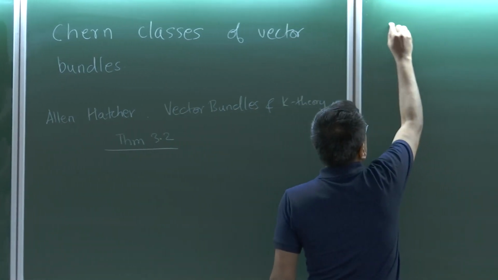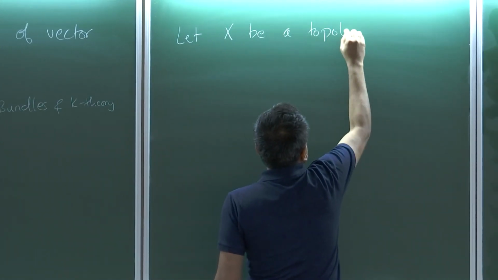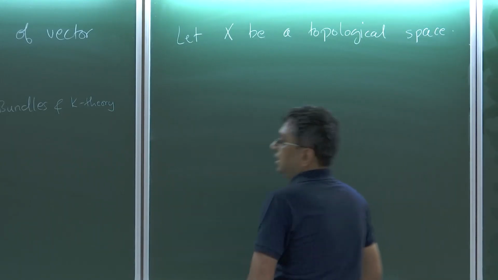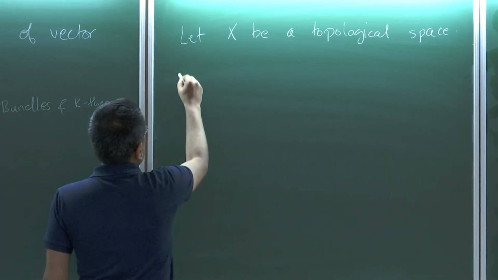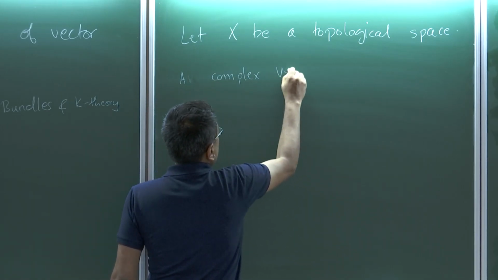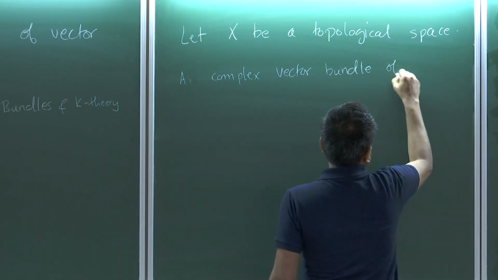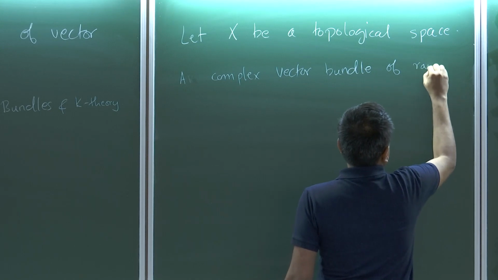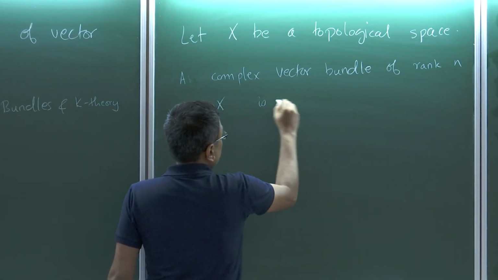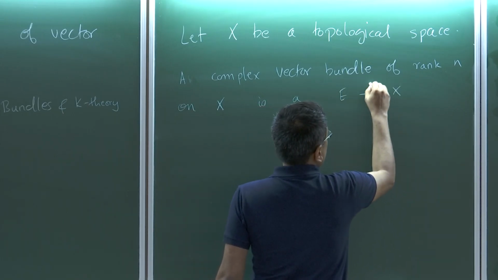Okay, so let us begin. Let X be a topological space. Recall that a complex vector bundle of rank n on X is a space E with a map to X. Let's call this map pi.